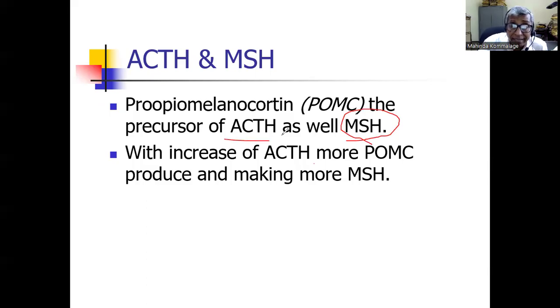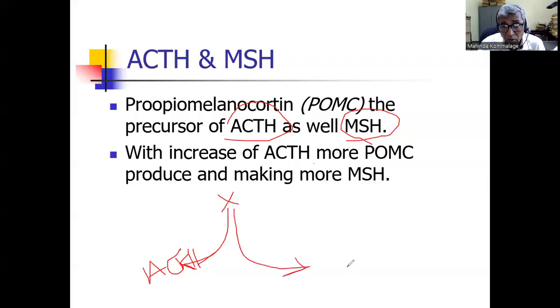The ACTH and MSH share a common precursor. Let's say this is substance X. Substance X will convert and produce ACTH, and the same thing will convert and produce MSH, melanocyte stimulating hormone. That will determine our skin color, right? If there is more MSH, you will have a darker color.